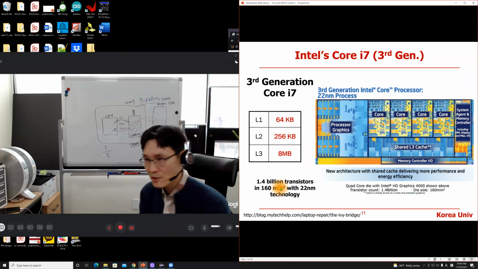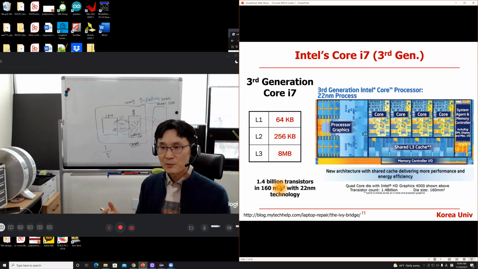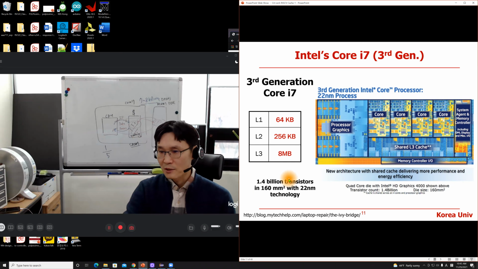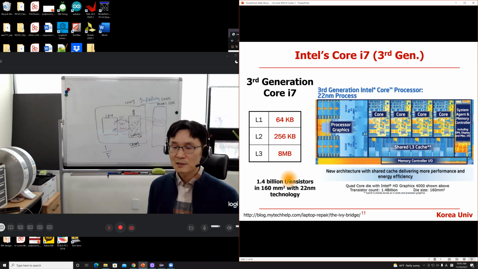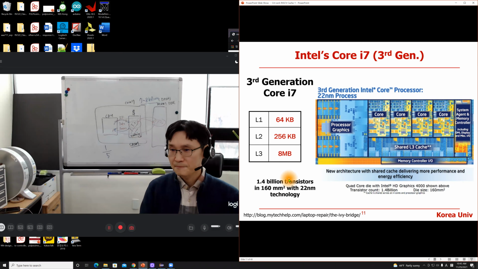If one transistor fails, then the CPU processor does not work, right? So 1.4 billion transistors should work properly. It's amazing technology, right? Amazing. 1/5 of Earth's population, Earth's transistors, right?